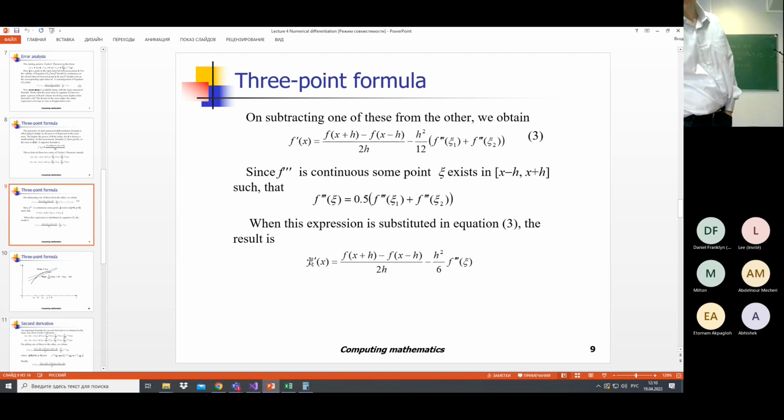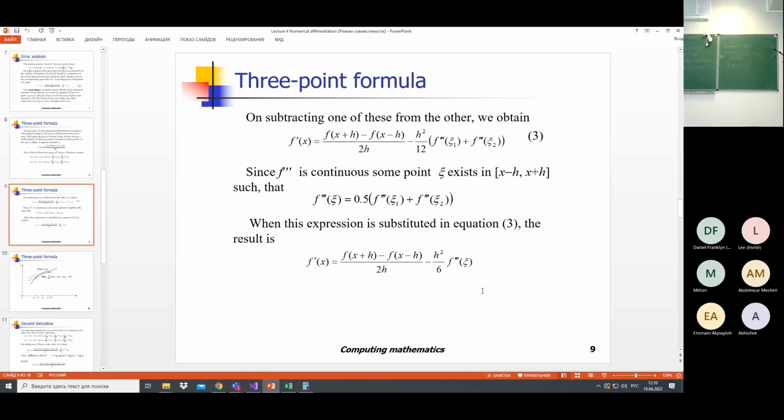This is the actual value of the derivative, and the actual value equals the approximation value plus this error term. You see that here there is h power 2. It means that this term has order h power 2. And it's very good.